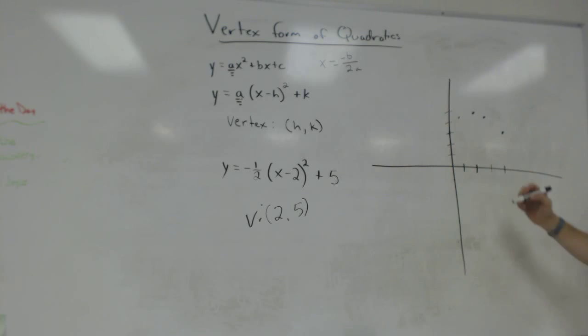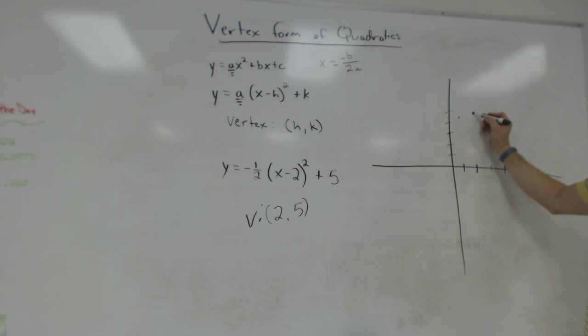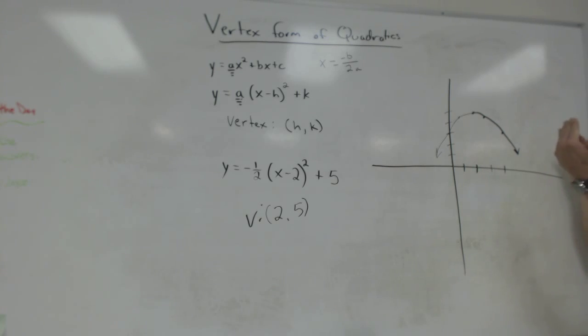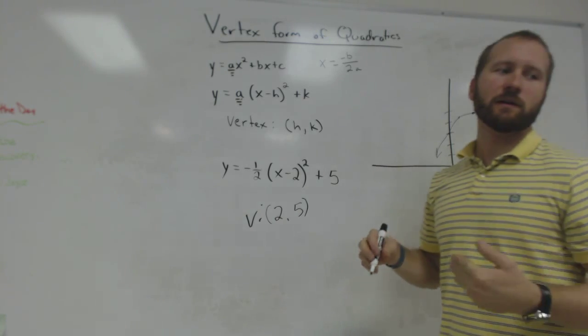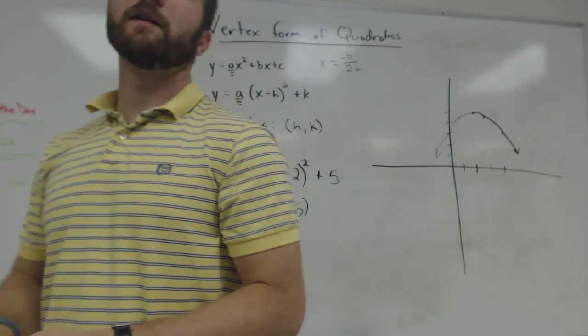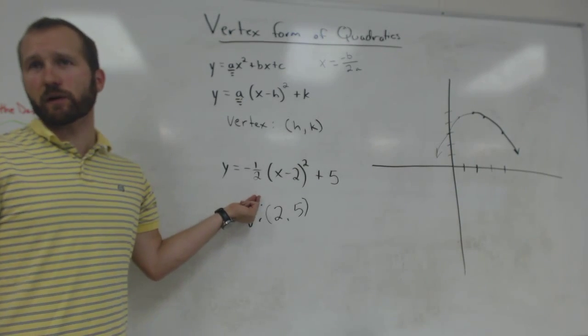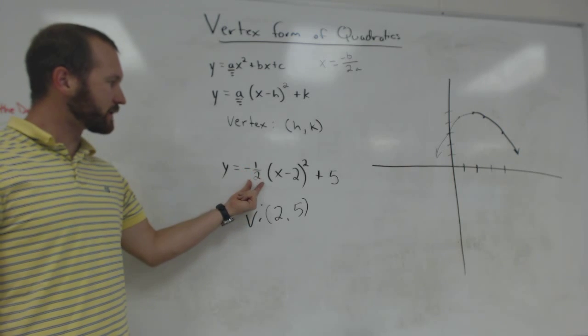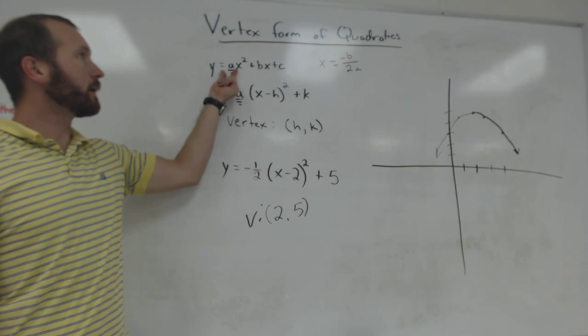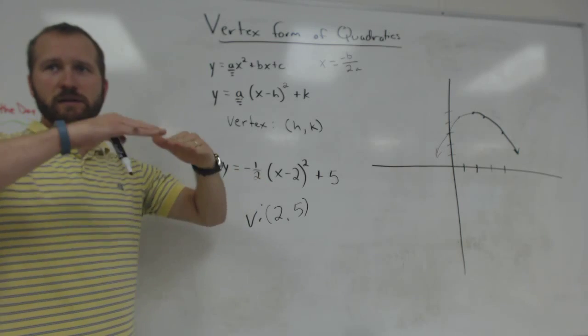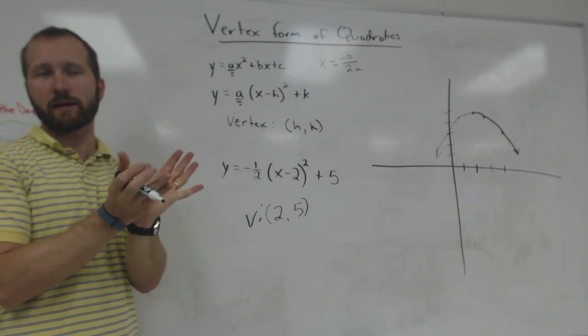Okay, we're going to go down 2. This is looking a little irregular, but something like this. So it's a shallower, more bowl-shaped, a wider frown, because I have this fraction. And this should seem really familiar, because we're used to looking at kind of the first thing, A, and that determines the shape of the parabola and the direction.